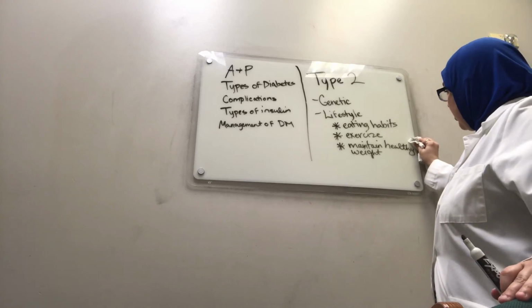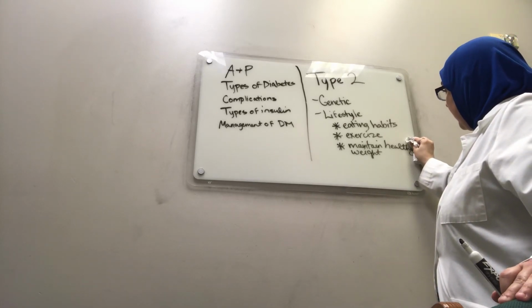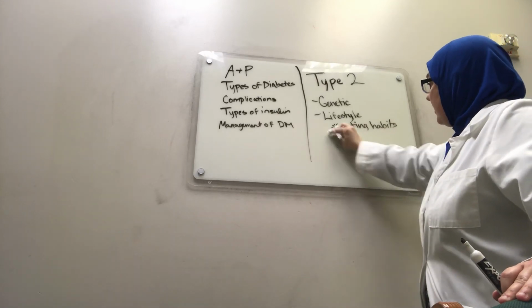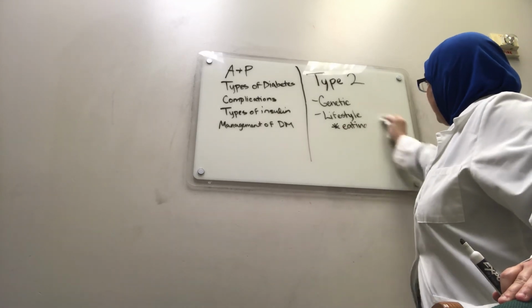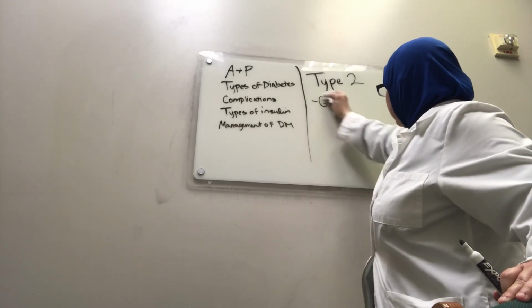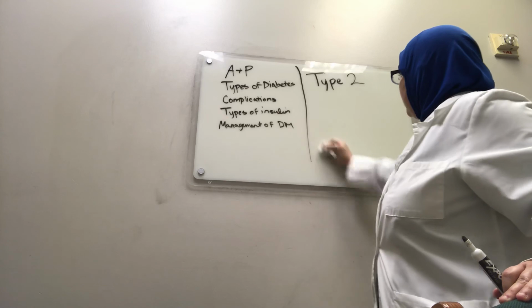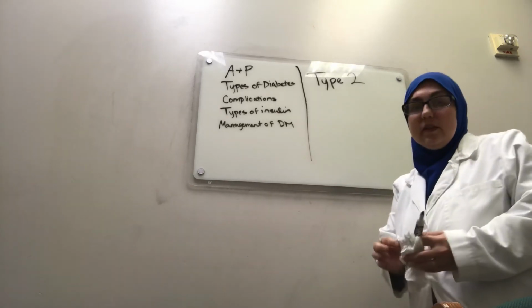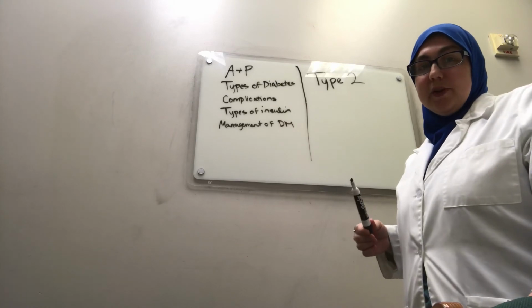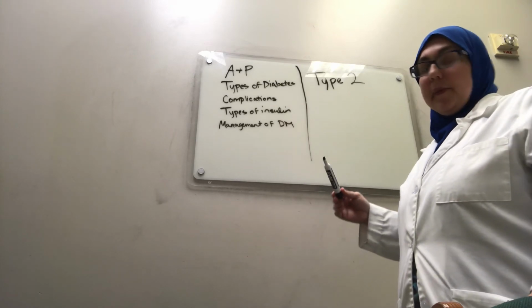So we need to do something to increase the amount of insulin, or increase the sensitivity to the insulin, or whatever we need to do to help patients with type 2 diabetes respond to their insulin.